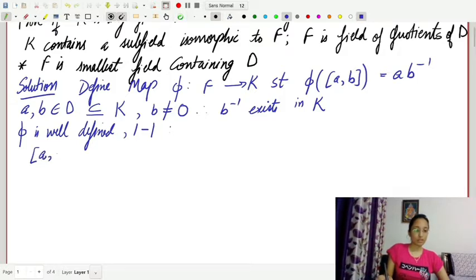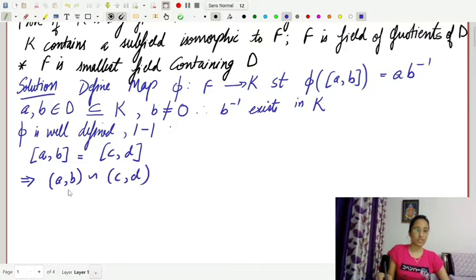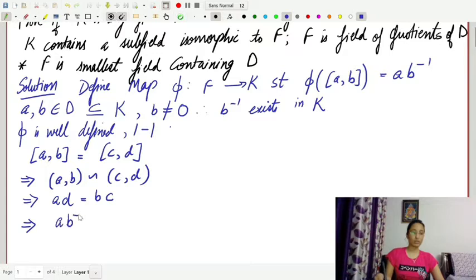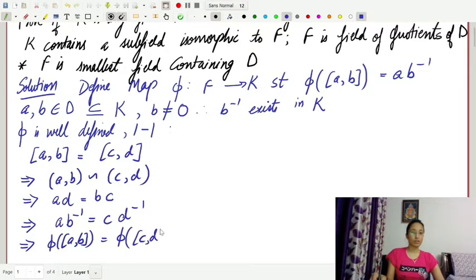Suppose a/b is equal to c/d, which implies that (a,b) is related to (c,d), which in turn implies that ad is equal to bc, which in turn implies, operating b inverse and d inverse, so it would be like a b inverse is equal to c d inverse, which in turn implies phi of (a,b) is equal to phi of (c,d).